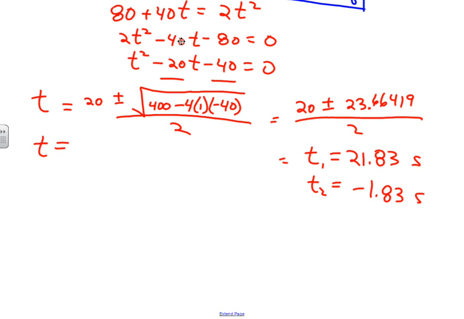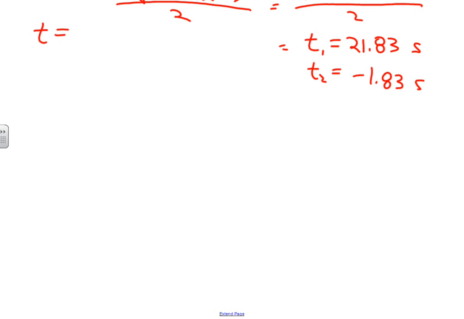If you graph this thing, you would really see how elegant this whole thing is and how the other root means something. Okay? So if we were going to graph distance versus time and velocity versus time, what would those graphs look like? Well, the cop and the speeder, this one's easy.